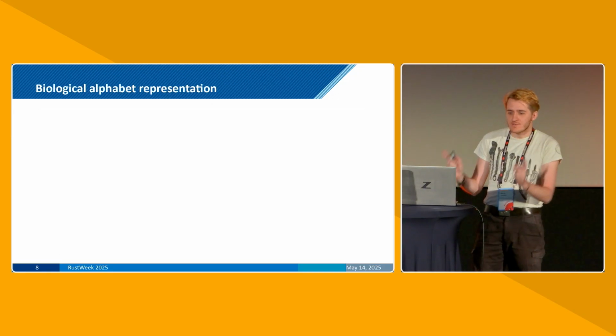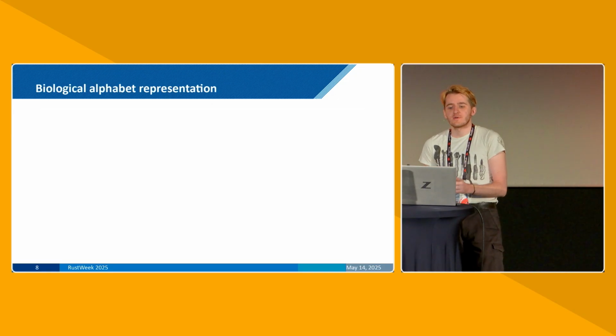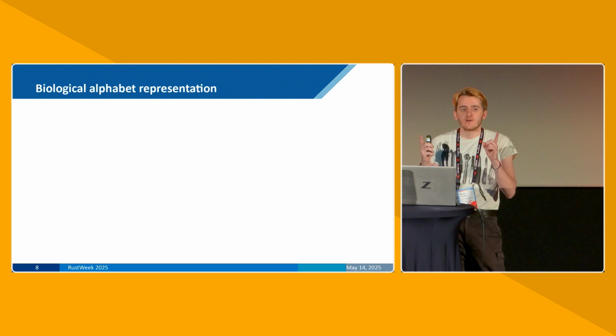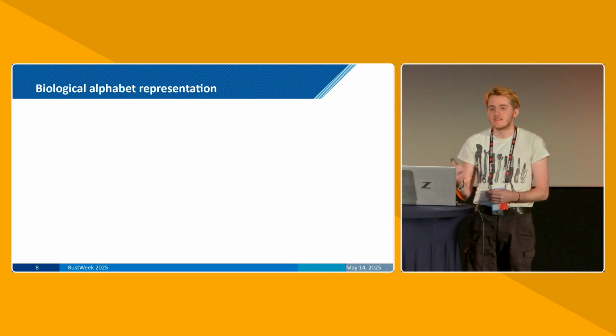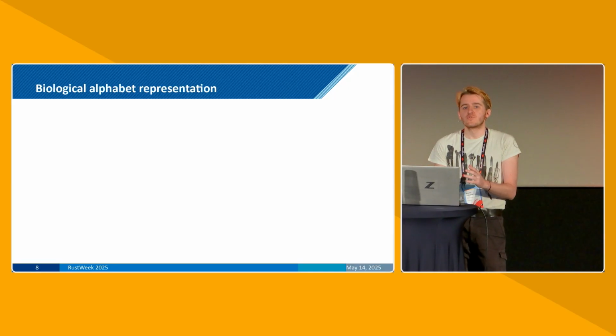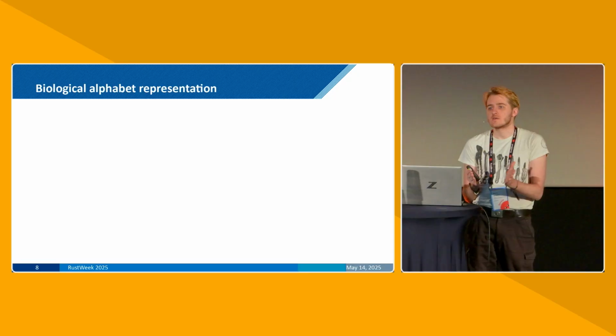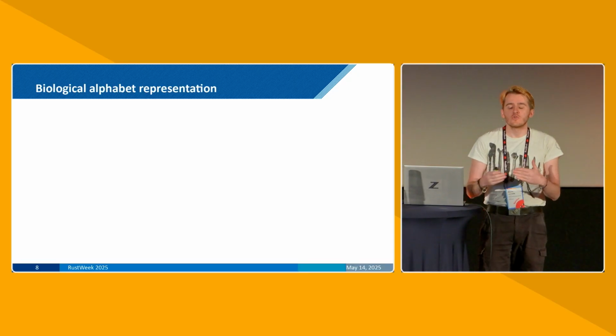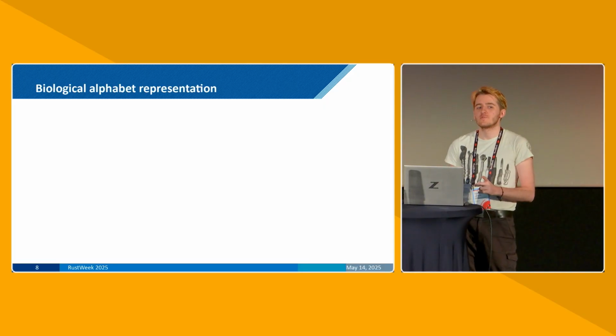So we can really quickly talk about biological alphabet representation, because one thing I said was that the method actually works for both DNA and protein. And you don't really want to keep your sequence as a string, because even an ASCII string has a lot of characters that should not happen in DNA.